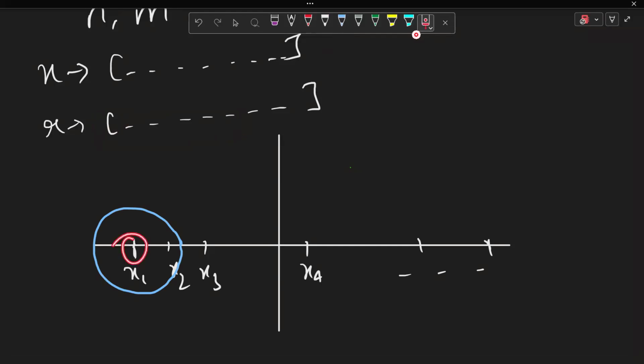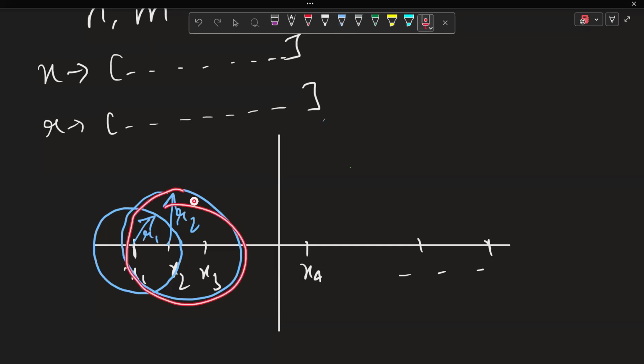With x1 comma 0 as center, we would have a circle with radius r1. And same for x2, with x2 comma 0 as center, we would have another circle of radius r2.